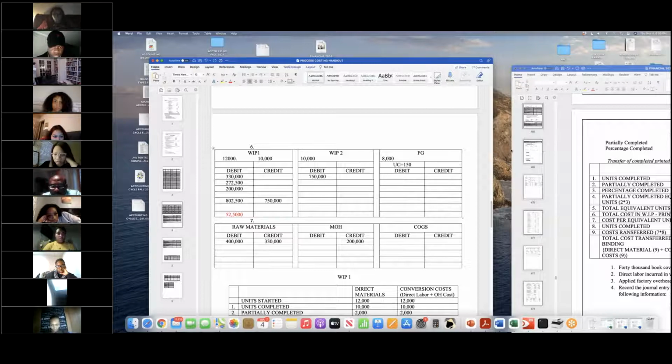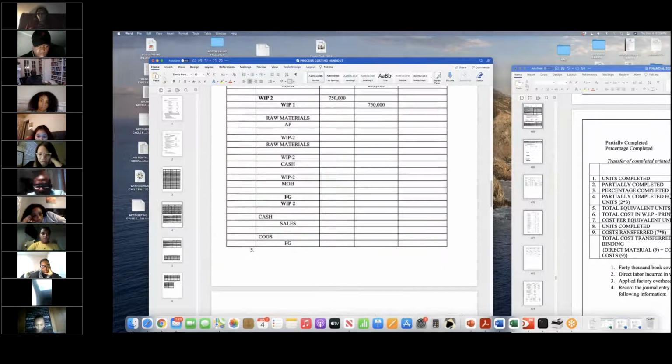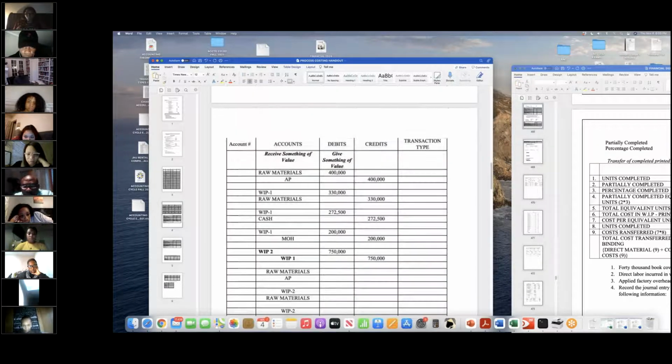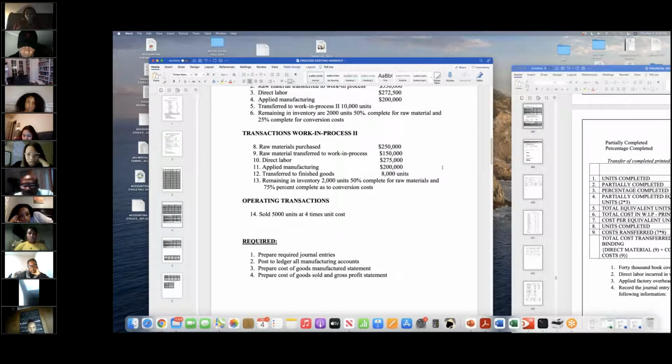All right, y'all on the roll now. It's time to go to work in process 2. Raw materials purchase, raw materials transferred to work in process. We're in work in process 2 now.